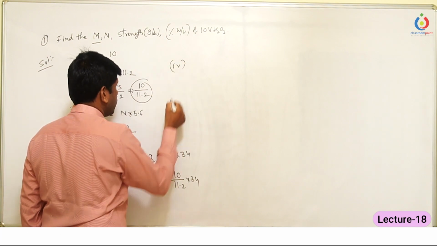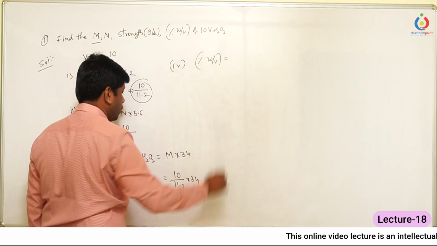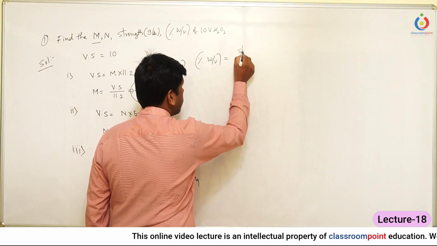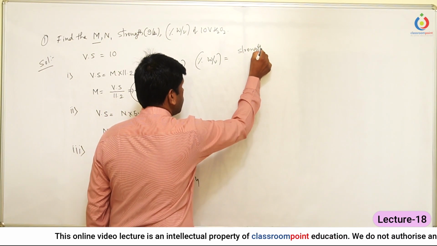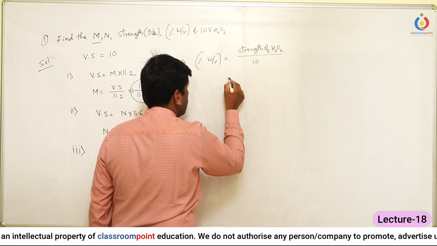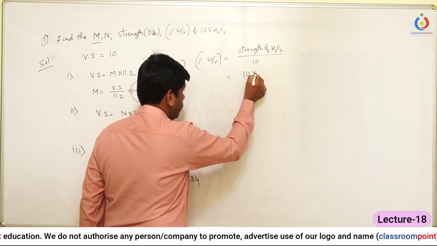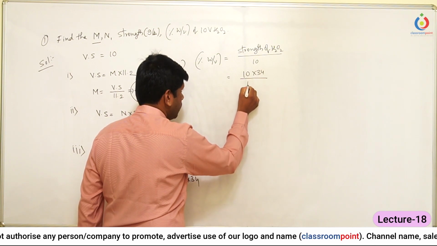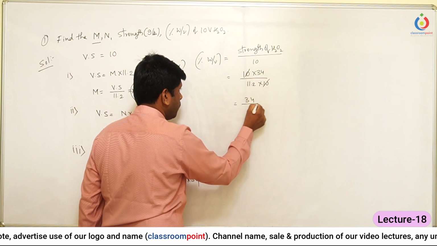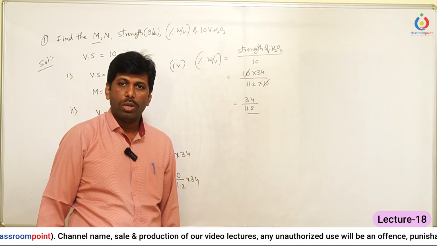So that here we can do that percentage weight by volume of H2O2 is equals to strength of H2O2 divided by 10, whereas strength of H2O2 here we did the calculation 10 into 34 divided by 11.2 into 10, 10 cancel out, 34 divided by 11.2. So let's move on to another question.